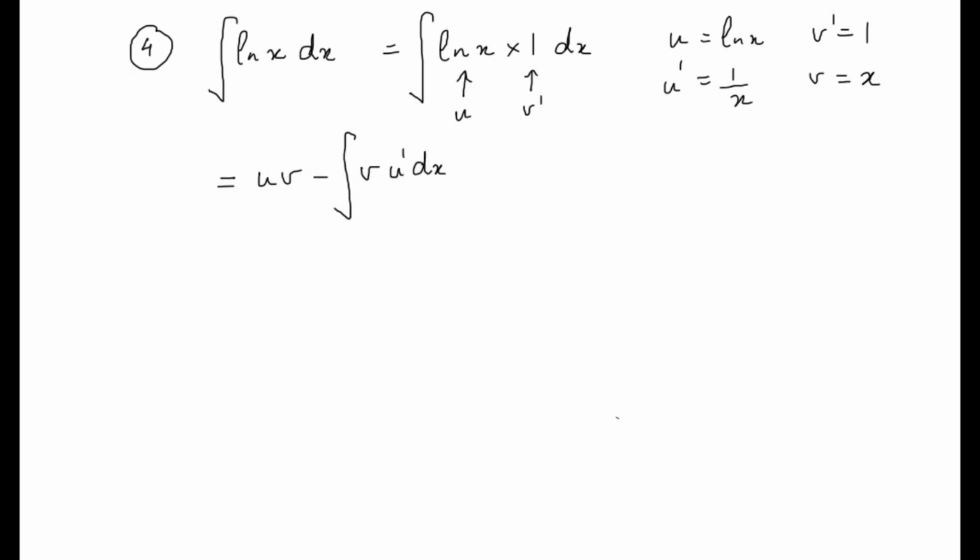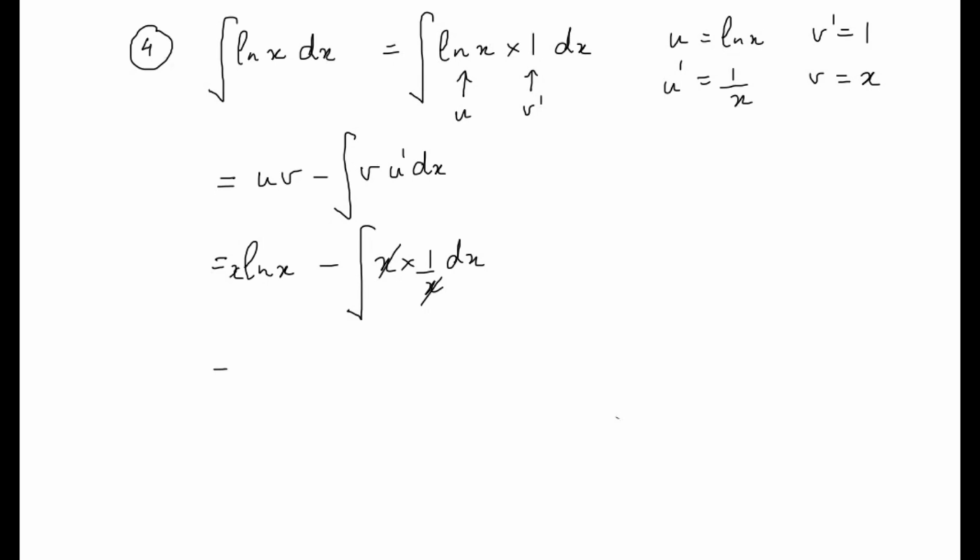Substituting all the elements, u is log x and v is x, so I have x log x minus the integral of x times 1 by x dx. I'm simplifying this by cancelling out the x's.